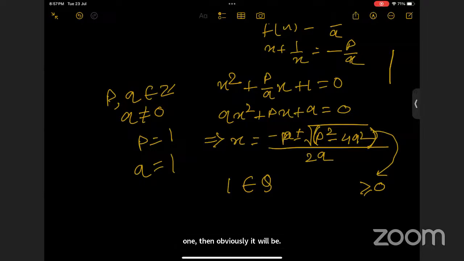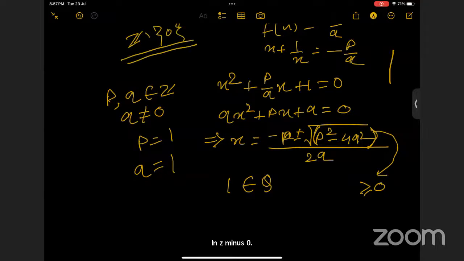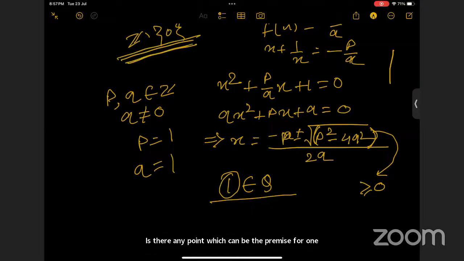So for the point 1, we cannot find any pre-image, right? Is there any point such that the image is 1 in Z minus 0? If I just take 1 from Q, is there any point which can be the pre-image for 1 from this domain?